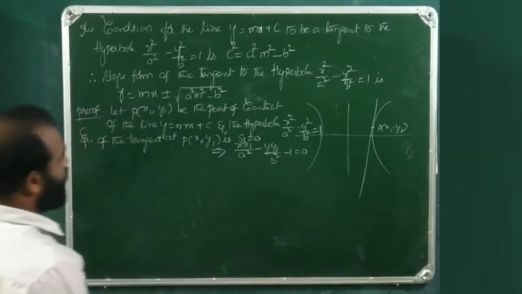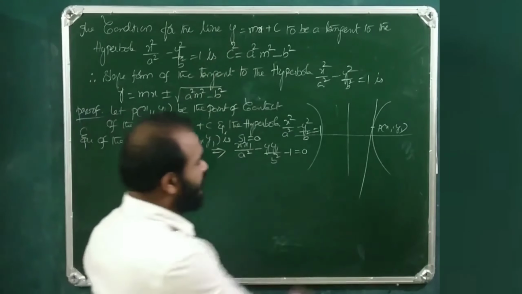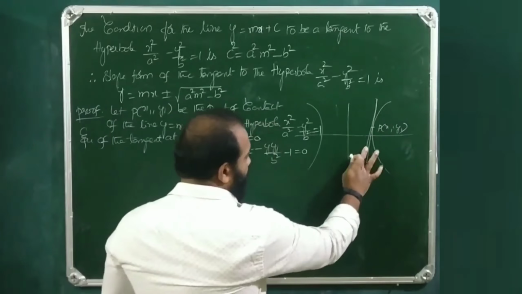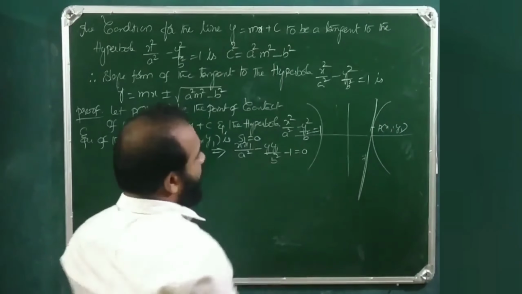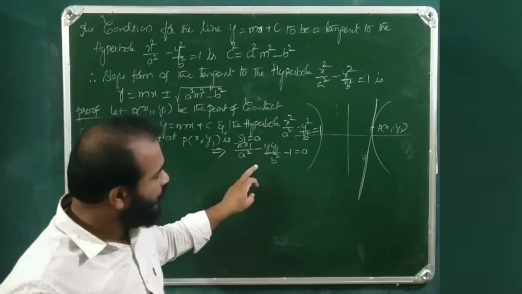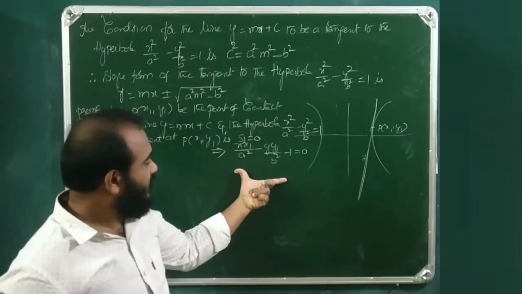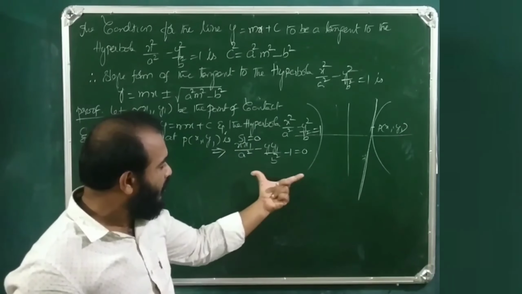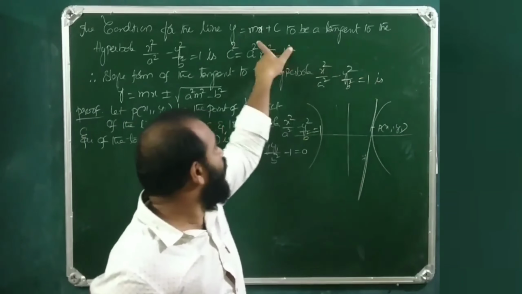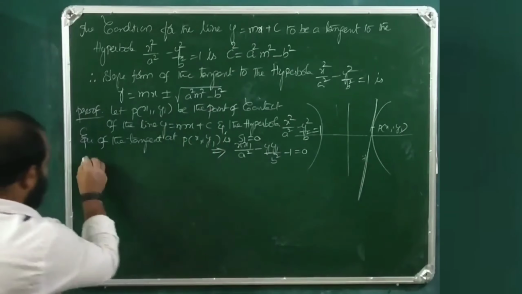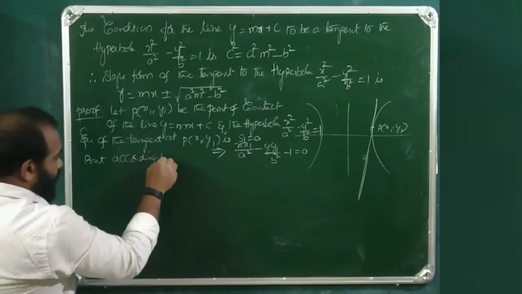Now, according to this, the same line is y is equals to mx plus c. So according to this, the line is xx1 by a square minus yy1 by b square minus 1 equals to 0. But according to the question, the same line is y is equals to mx plus c.